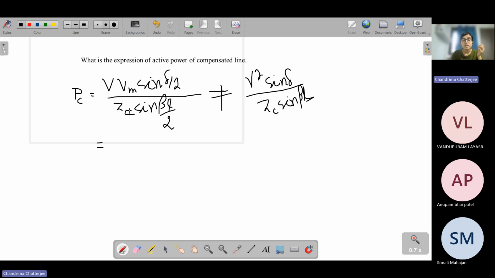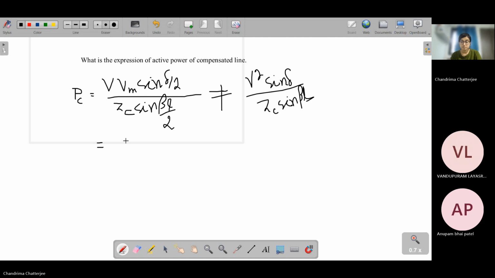Now please calculate this expression. Vm, you take again 1.05 times V. This is the rated voltage.